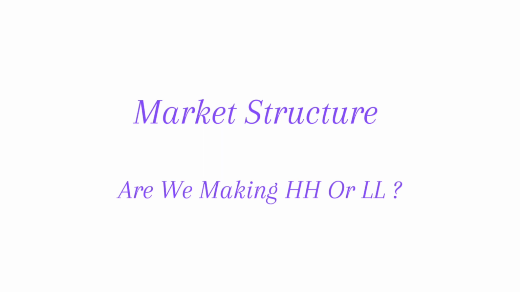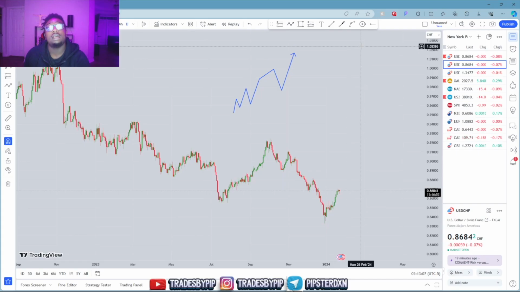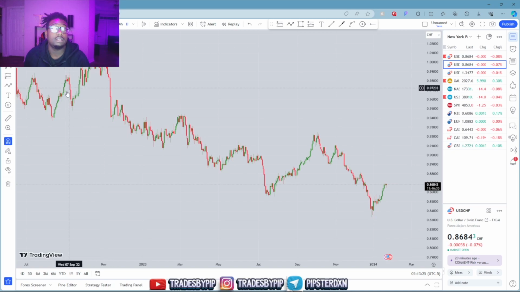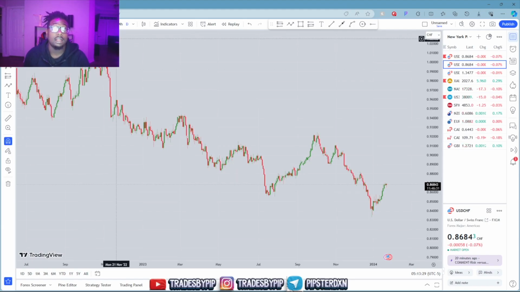With market structure, why I really wanted this to be focused on as part 1 is that market structure consists of everything that you really need: price action, support, resistance, and take profit if needed. For example, we could start up here. If price was coming up here, you guys can already tell that price was on an uptrend. Price is making higher highs, higher lows, higher highs, higher lows.